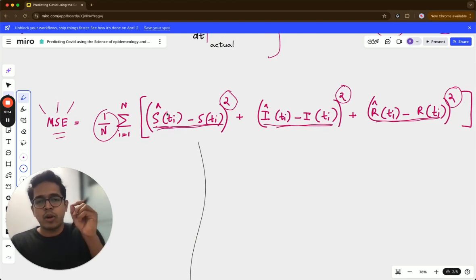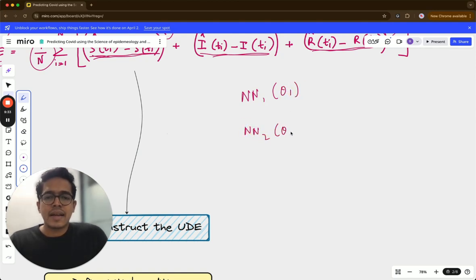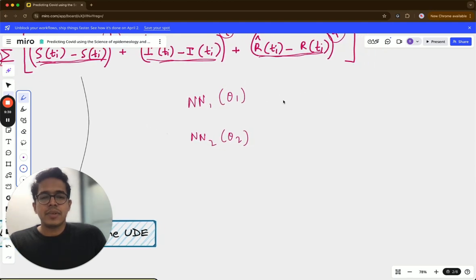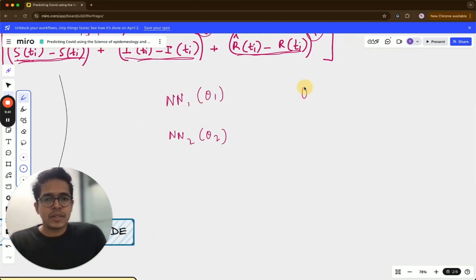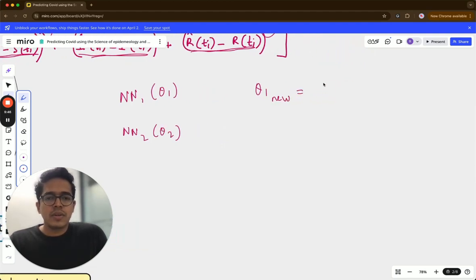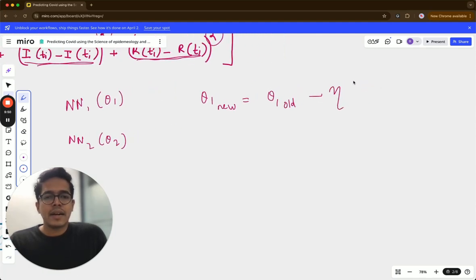So you will modify the weights of the neural network. Let's say you define the weights of NN1 as theta1 and NN2 as theta2. Then you modify the weights such that NN1 of theta1 will give you some outputs, right? So theta1 new equals theta1 old, the previous value of theta1, minus some learning rate times dou mean squared error by dou theta1.